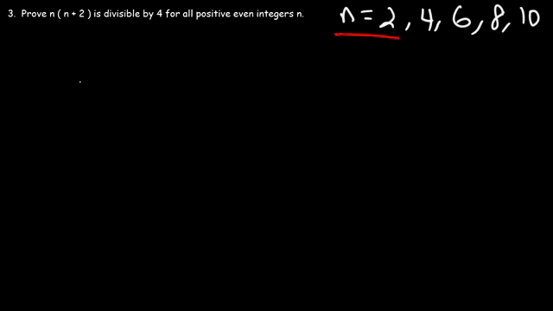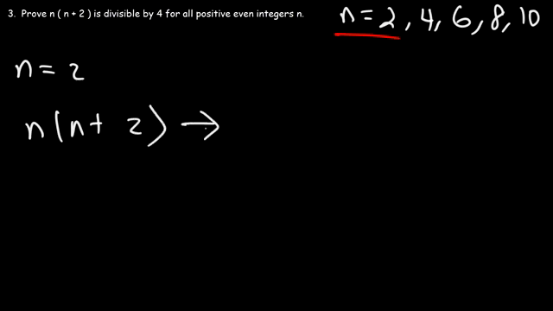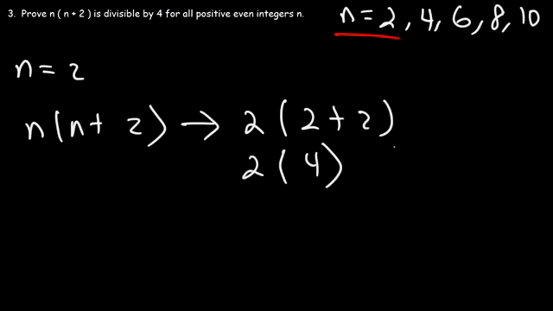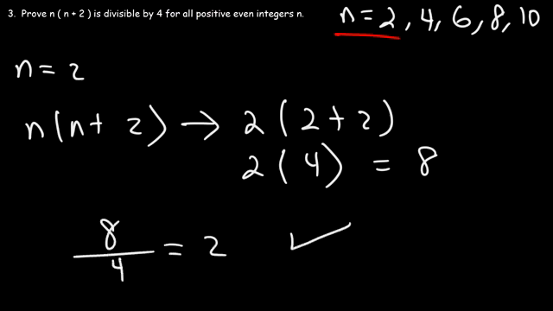So we're going to start with that. If we replace n with 2, we'll have 2 times 2 plus 2. 2 plus 2 is 4. 2 times 4 is 8. And 8 is divisible by 4. So this works.